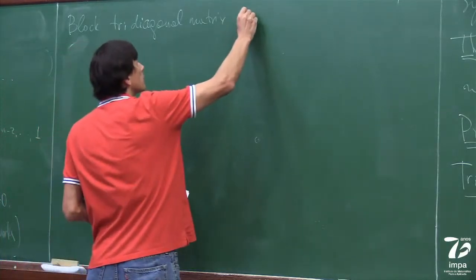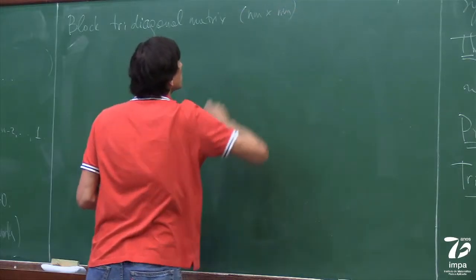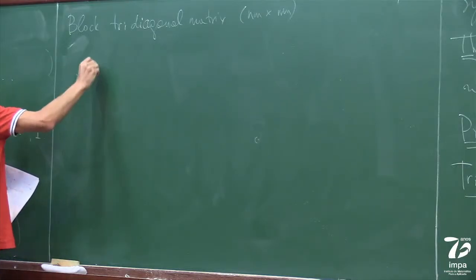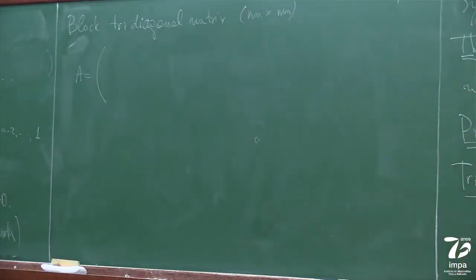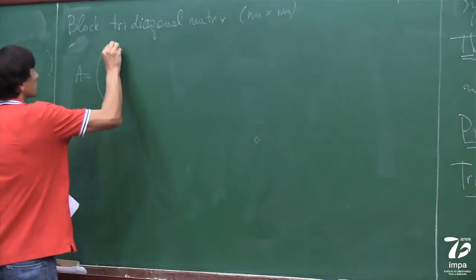So it will be nm times nm. So A is just the same, but now these will be blocks. This will be not just numbers. So it will be new matrices.